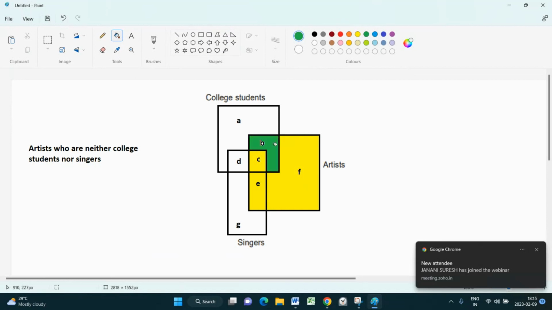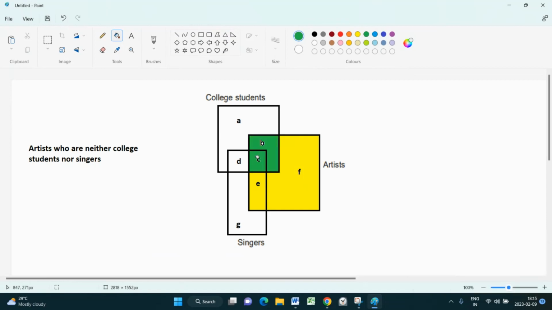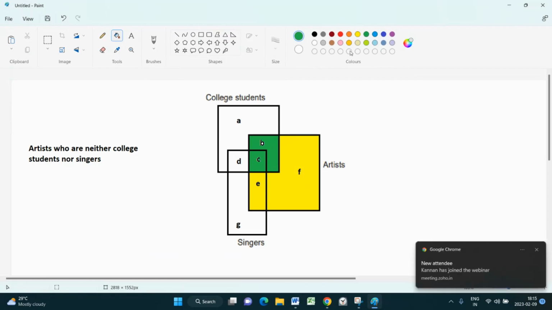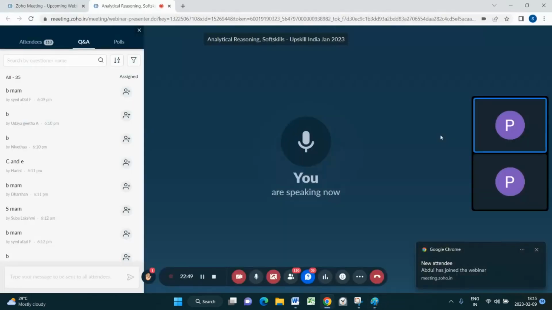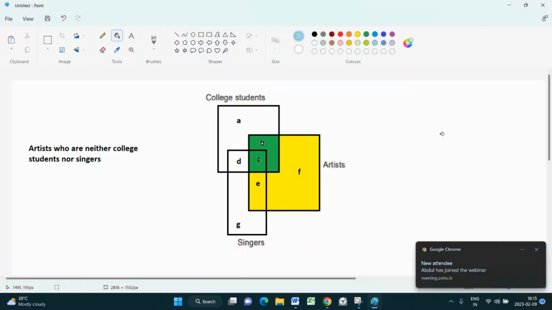This is a college student. Now I want to fill singers, artists who are singers. Understood this? Artists who are not college students. Now I am filling, this is the complete artist.